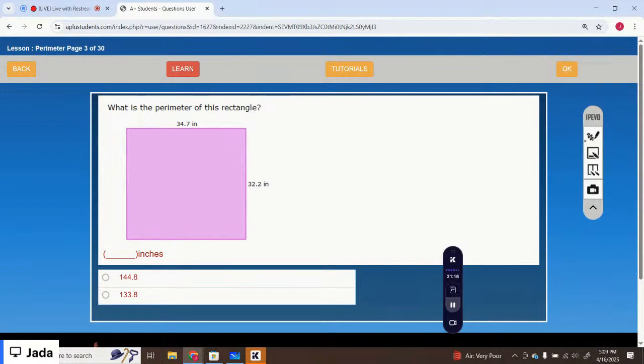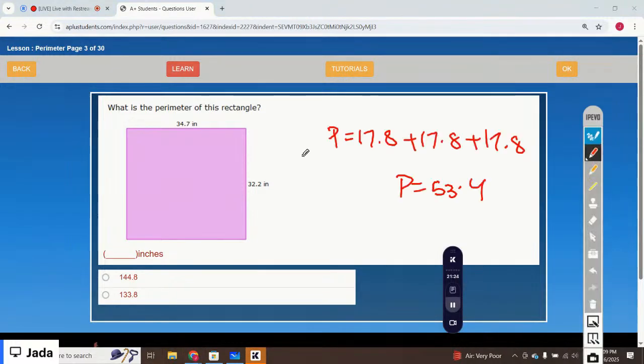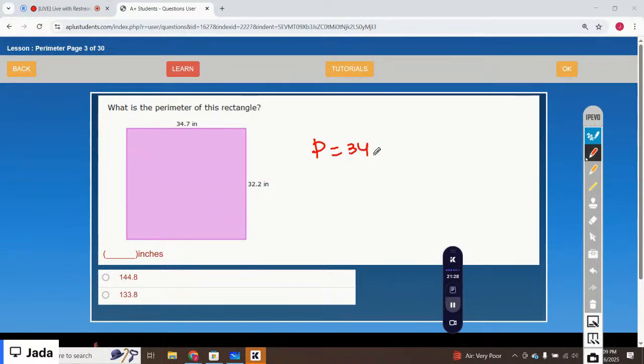What is the perimeter of the rectangle? That is P equals 34.7 plus 32.2 plus 32.2 plus 34.7.